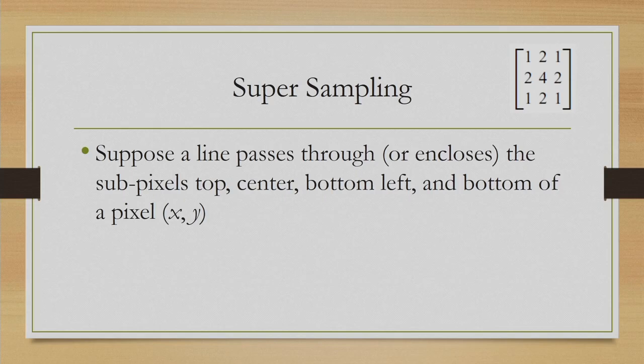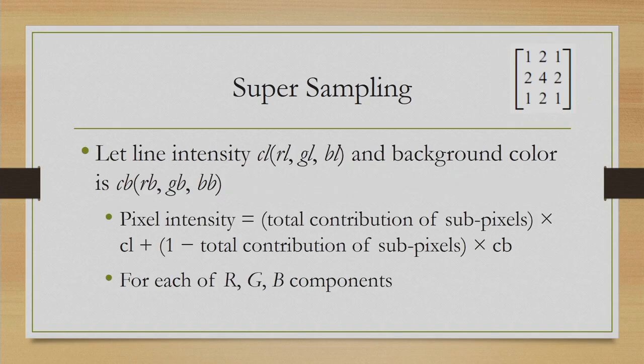Now, suppose a line passes through or encloses the top, center, bottom left and bottom subpixels of a pixel, assuming the same mask as shown here and a 3 by 3 subpixel grid. Then to get the pixel intensity for the line, where the line color is given by CL, the original color, and the background color is given by CB, what can we do?